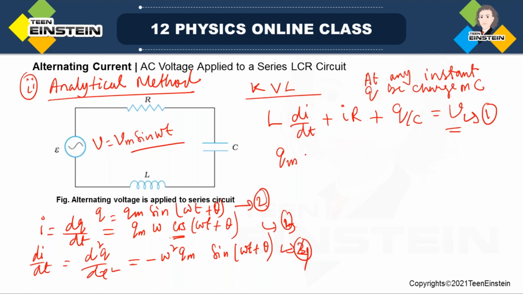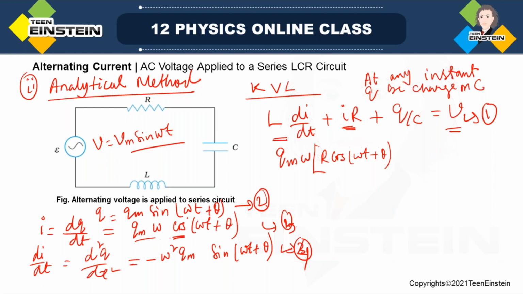What I can do is take qm omega common. Suppose I write this first: i into r, where i means qm omega into cos of omega t plus theta, so r into cos of omega t plus theta.